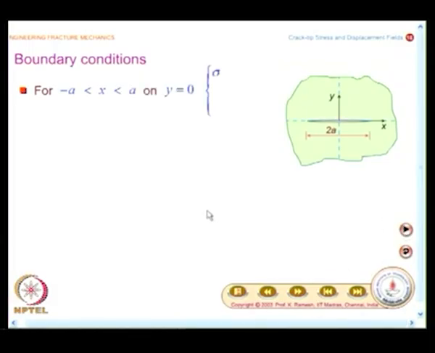Now, we have to look at what the boundary conditions are. See, boundary conditions are very, very important. Only to write the boundary condition, I have trained you on the concept of what a free surface is. And if you know how to write the boundary condition carefully and correctly, the problem is solved.